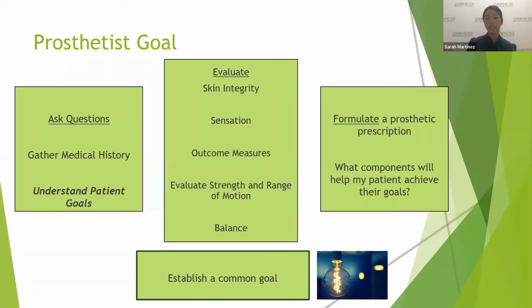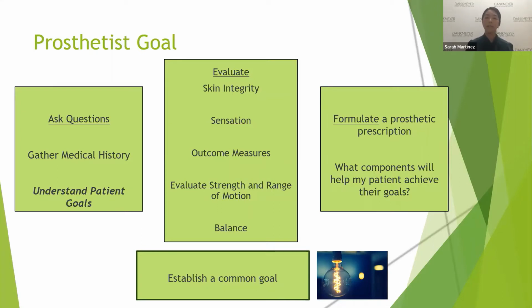So lastly, and I included a little light bulb in here, because it's important to establish a common goal with your patient. They have their goals, we have our goals as healthcare professionals, and it's important to verbalize that goal with your patient, right? It's easy to just have the goal in the back of your head and go through the routine and listen to your patient's goal and say, okay, I hear you, here are the steps we're going to take to get there.